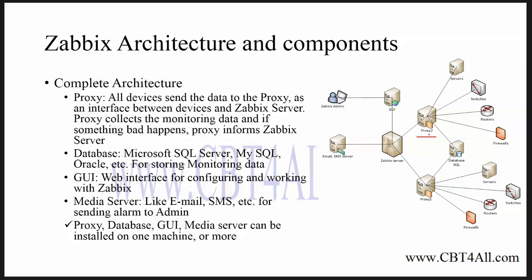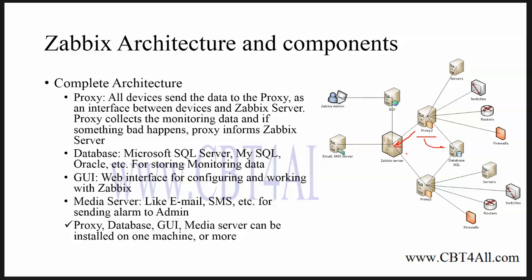These proxies store the data in a database, which could be Microsoft SQL, MySQL, Oracle, and so on. This DBMS must be SQL based. And if something bad happens, the proxy will forward the notification to the Zabbix server.